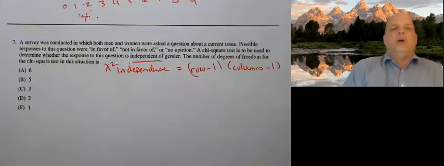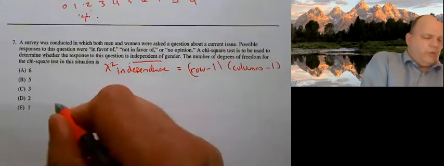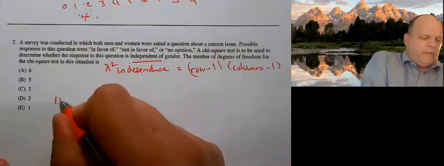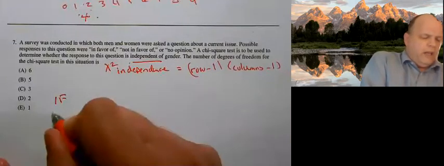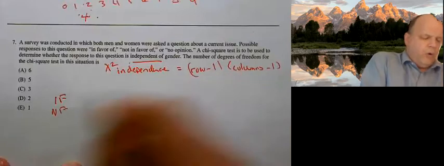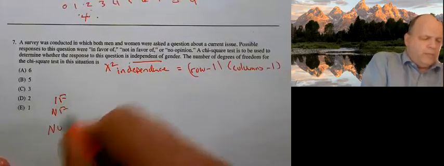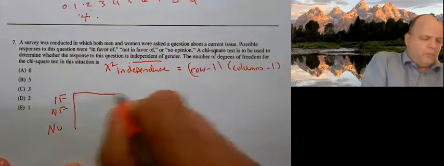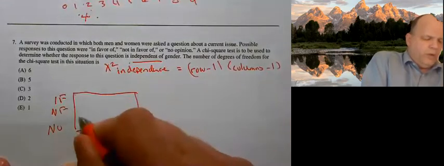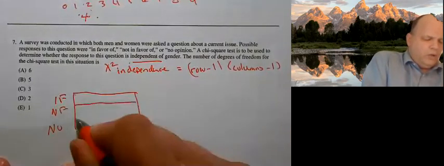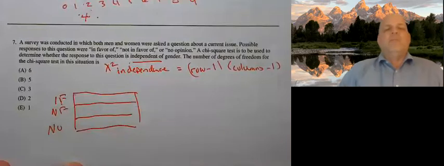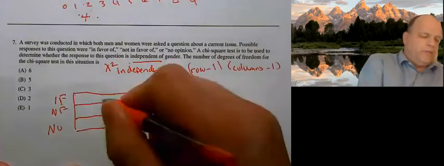All right, so the answer choices are IF for in favor, NF for not in favor, or no opinion. So we know we have 1, 2, 3 possible this way. And then they're going to see if it's independent of gender.